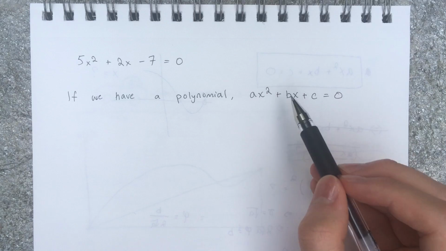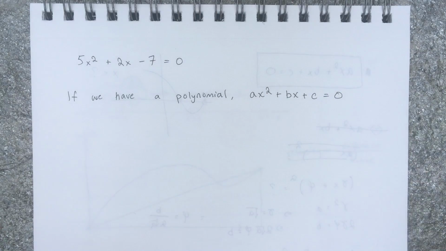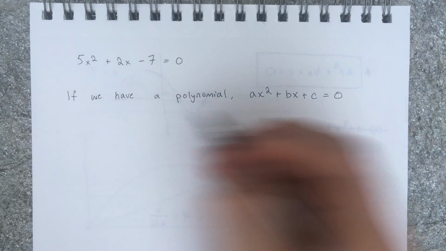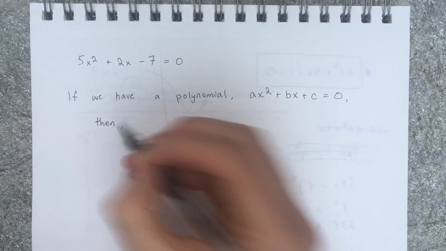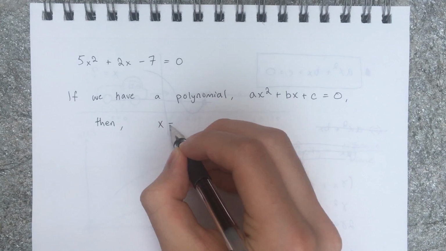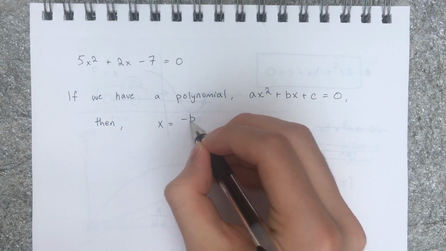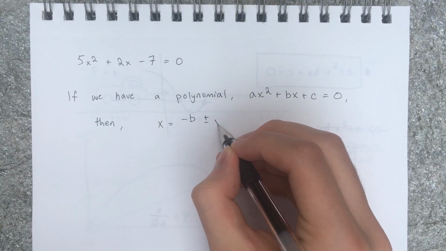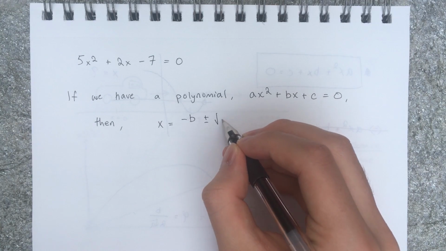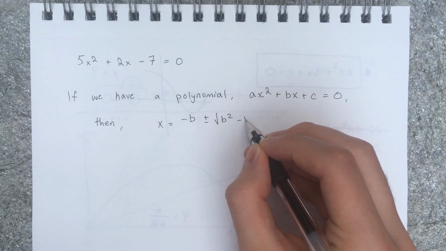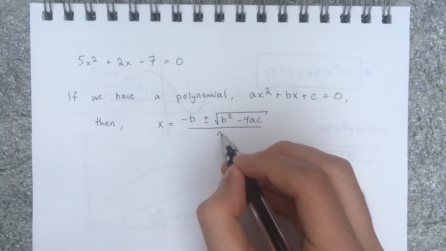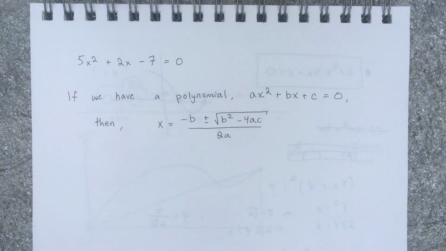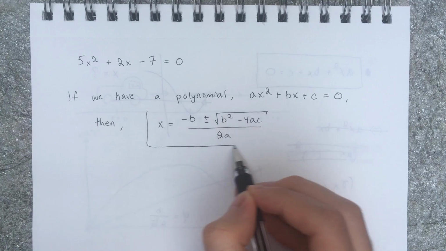So we have a, b, and c are any real numbers. Then, we have x equals negative b plus or minus the square root of b squared minus 4ac all over 2a. So this is the formula.